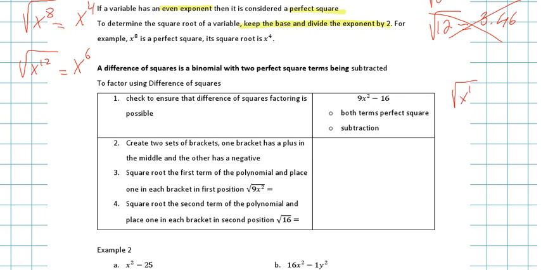X to the power of 5. Because what you're doing is dividing your exponent by 2. We keep the base. Okay. So when you're square rooting a variable, you divide your exponent by 2. Is that clear? Okay. You'll know why I'm doing all of this in a second.